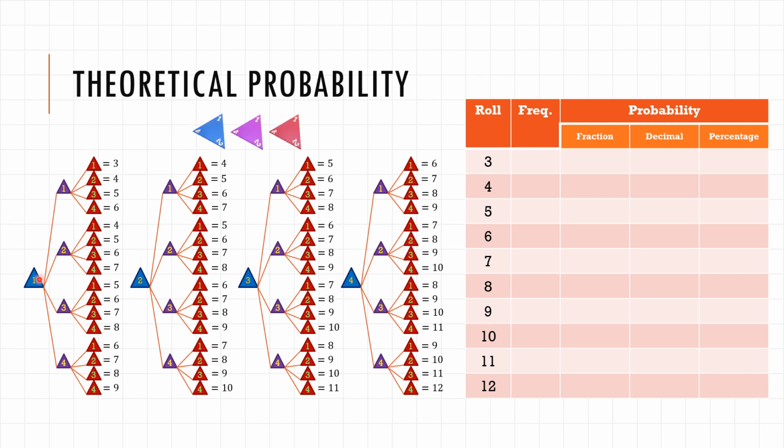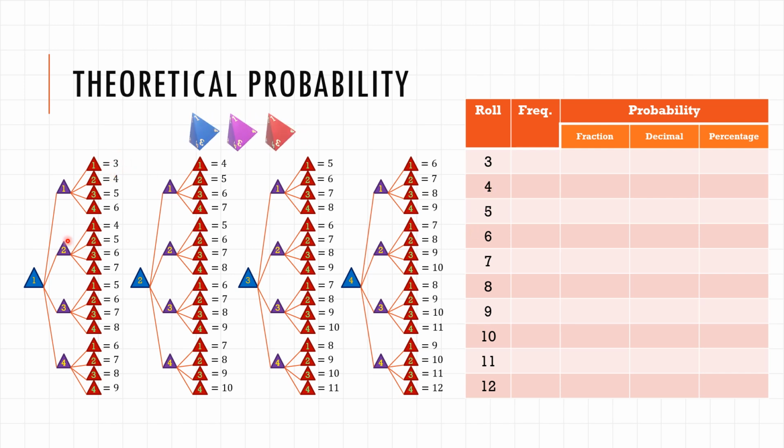And for each different outcome, there are 4 outcomes that come from the purple dice, which could be a 1, a 2, a 3, or a 4. So in total, right now, there are 16 outcomes. But for each of those, there are 4 outcomes for the red dice. And 16 times 4 gives us a total of 64 outcomes.